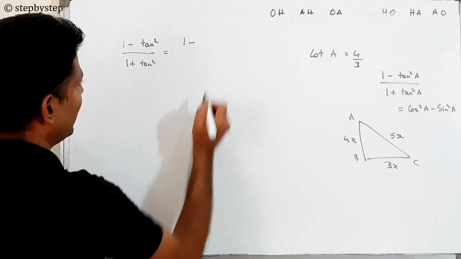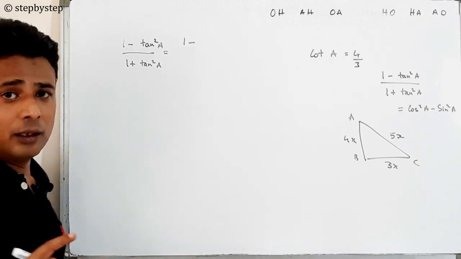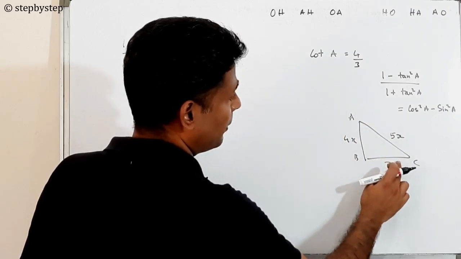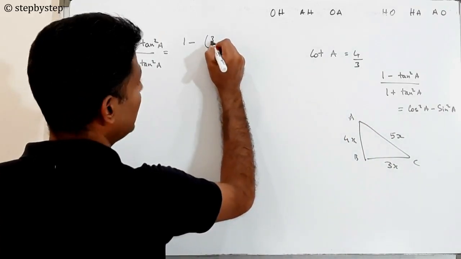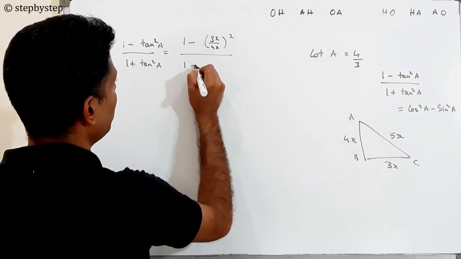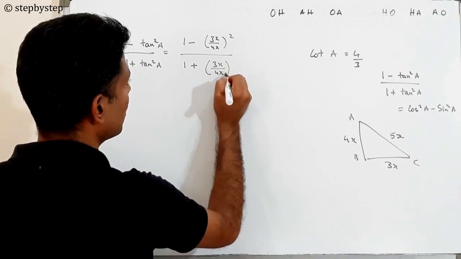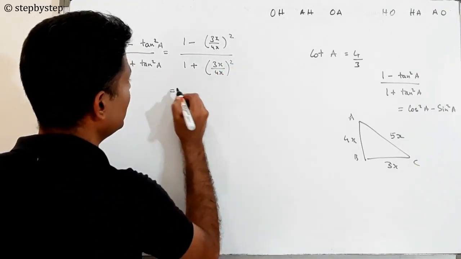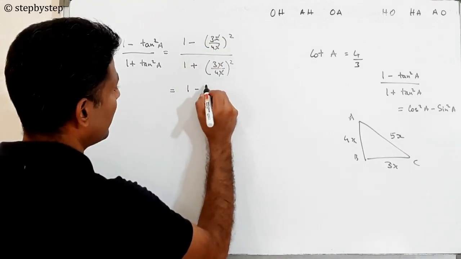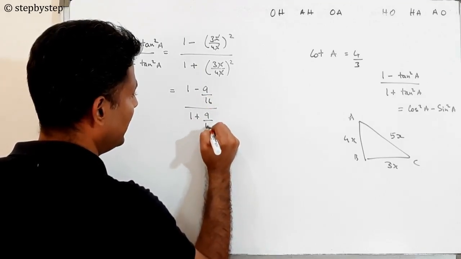Alright, now that we got this, we'll find 1 minus tan square A by 1 plus tan square A. Tan square A means tan A whole square. What is tan A? Tan A is opposite by adjacent. So 1 minus (3x by 4x) whole square, by 1 plus (3x by 4x) whole square. So x and x cancel, we get 3 square by 4 square, 9 by 16, and here 1 plus 9 by 16.